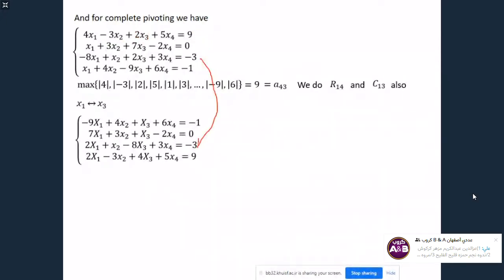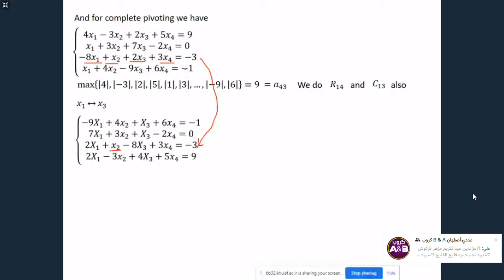The third one is the third one. 2x3 changes to 2 X1, capital X1, plus x2 minus x1 changes to minus X3 in capital mode, and 3x4 equals minus 3.